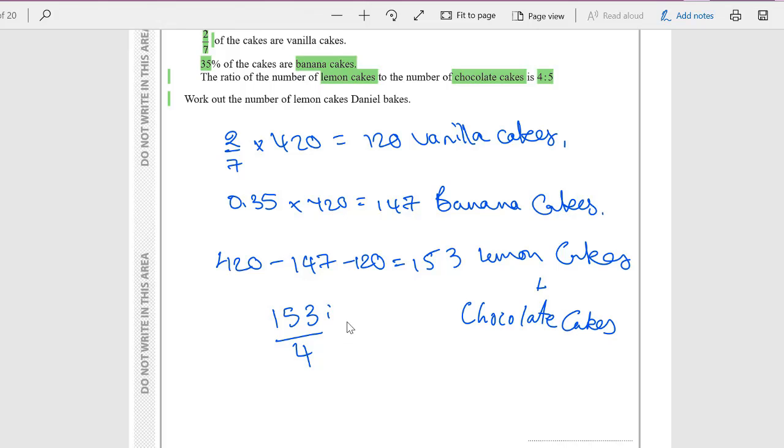There are 4 lemon and 5 chocolate, so that should be 9 parts, and 153 divided by 9 gives us 17.